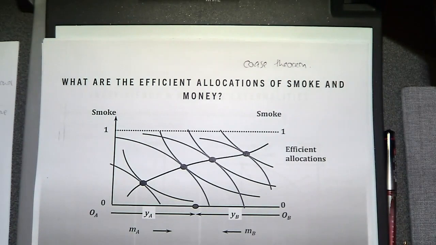Now, as we saw in the Edgeworth box, there may be probably many efficient allocations here. The issue is that one agent will want an allocation of 0 smoke. The other agent potentially will want an allocation which is as close to 1 as possible.